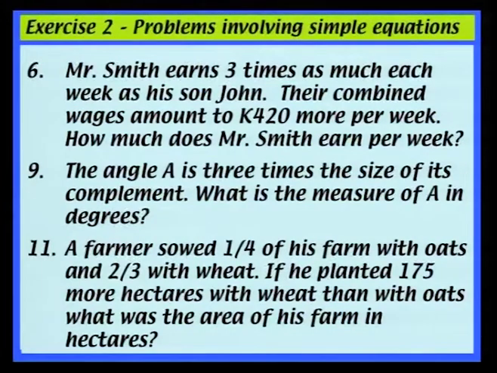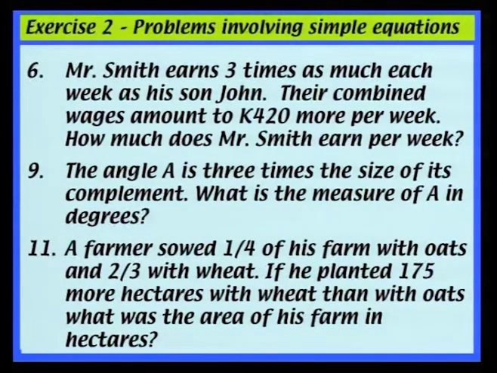Question 11, it says, a farmer sowed 1/4 of his farm with oats and 2/3 with wheat. If he planted 175 more hectares with wheat than with oats, what was the area of his farm in hectares? Okay, the way it was done on the board was actually very good.